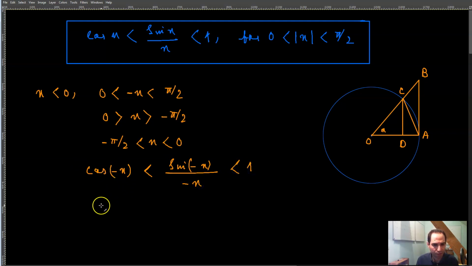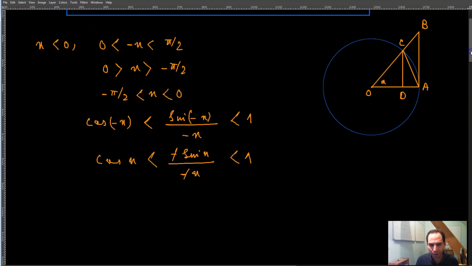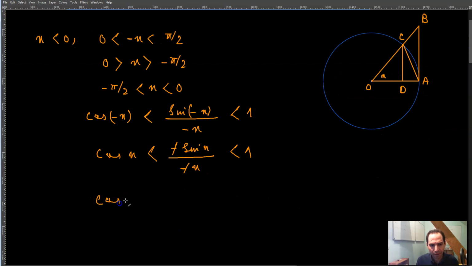You know that cos of negative x is equal to cos x, and sin of negative x is negative sin x. The two negatives cancel out, so you have cos x is less than sin x by x, which is less than 1.